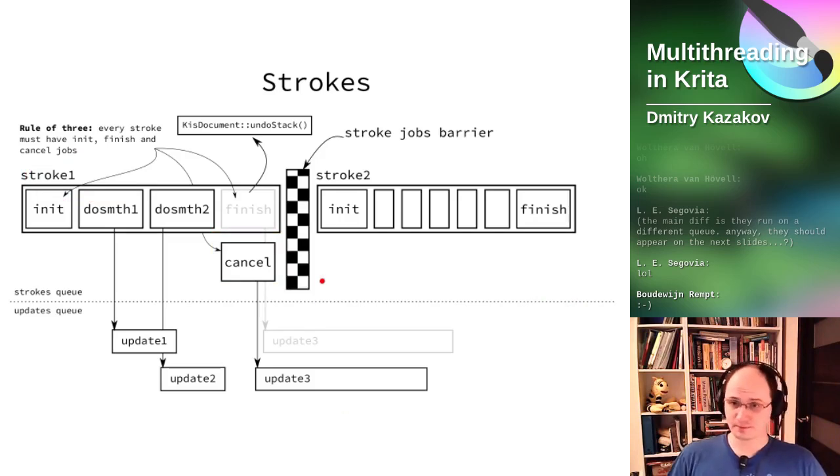It may be called a stroke jobs barrier. The jobs from strokes cannot cross it. Well, that is quite obvious, because if you started a painting operation on the image and you probably started a transaction on a paint device, you don't want to start another transaction on the same paint device.